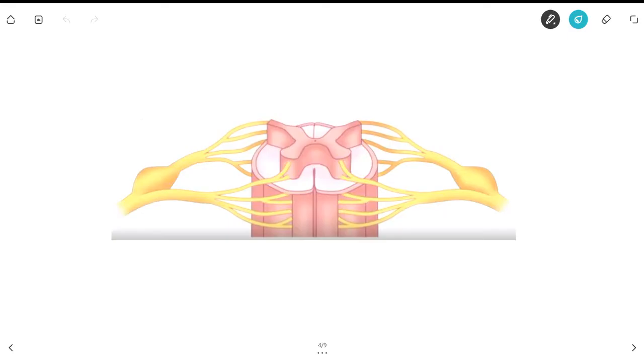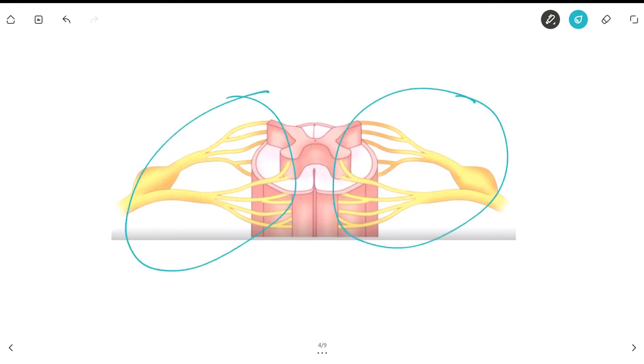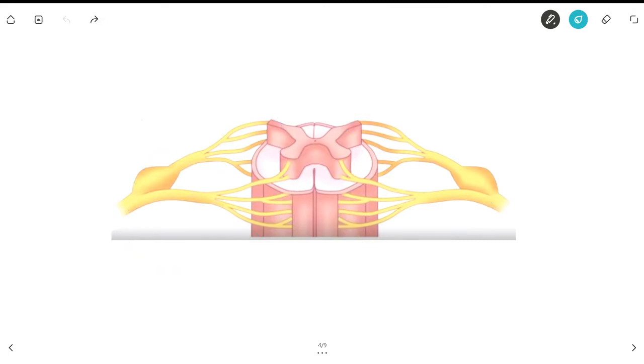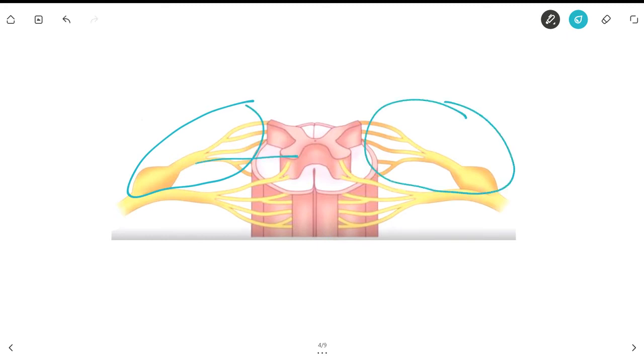Now I'd like to label a few things that I think will be helpful. These yellow colored things are spinal nerves, and they relay the neurons that contain the sensory and motor information. This part is the dorsal part of the spinal nerves, and this is the ventral part.